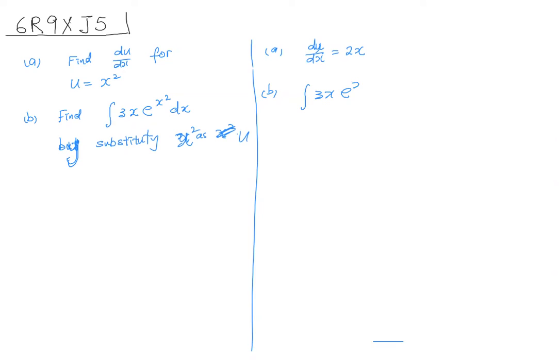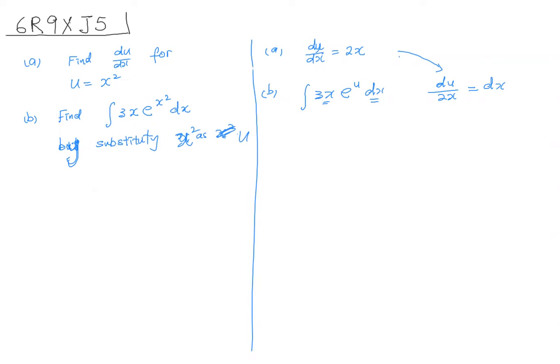The moment you substitute x squared as u, you see here still dx, here still x. So you have to replace everything. So from part A, your du over 2x is equal to dx, am I right?